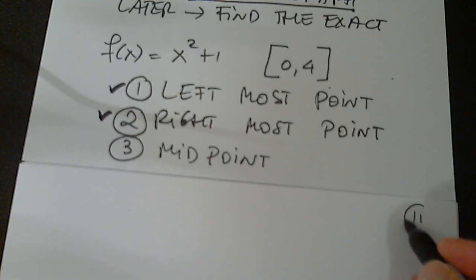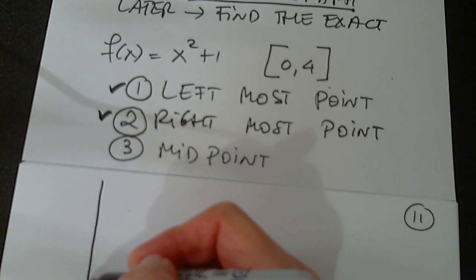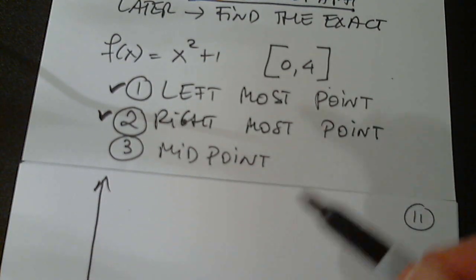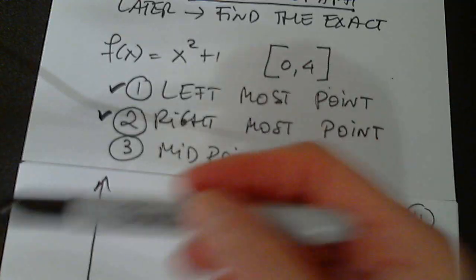So here's the graph again. 1, 2, 3, 4. And this is 1. So 16 plus 1 is 17.